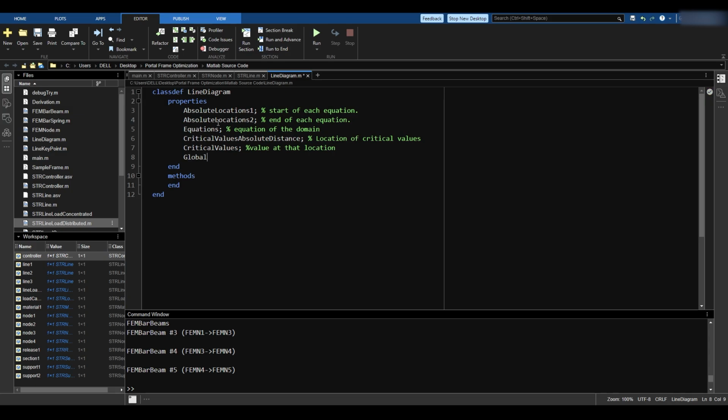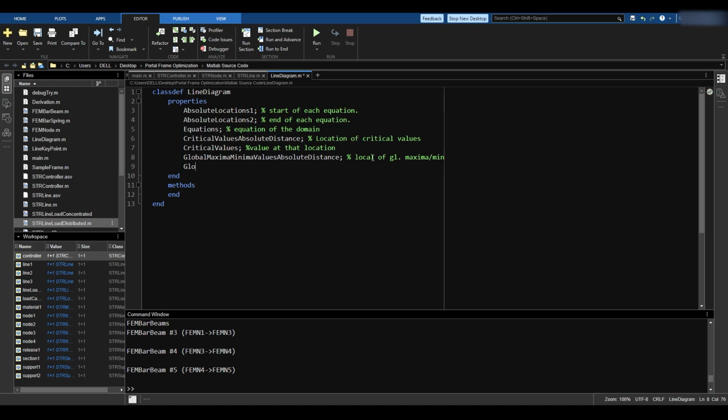Also, I need the global maxima, minima values, absolute distance. What I mean by this is I want one value that represents the absolute maximum value of the diagram, which is made out of multiple equations, I might add, and the value that corresponds to the minimum of the entire diagram of multiple values and equations. Here I will say a location of global maxima, minima.